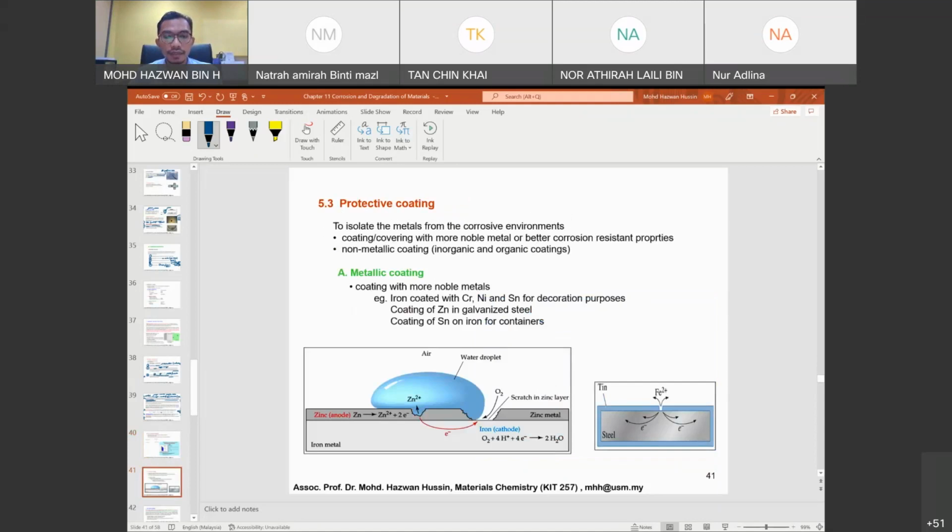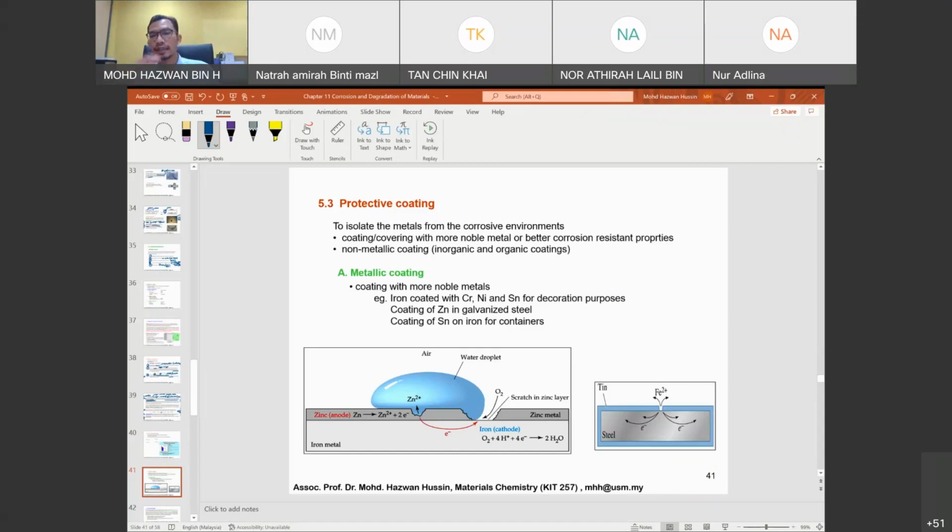Right. The next technique is protective coating. Protective coating is one of the common techniques that people use in industry. The function of protective coating is to isolate the metal from the corrosion environment.